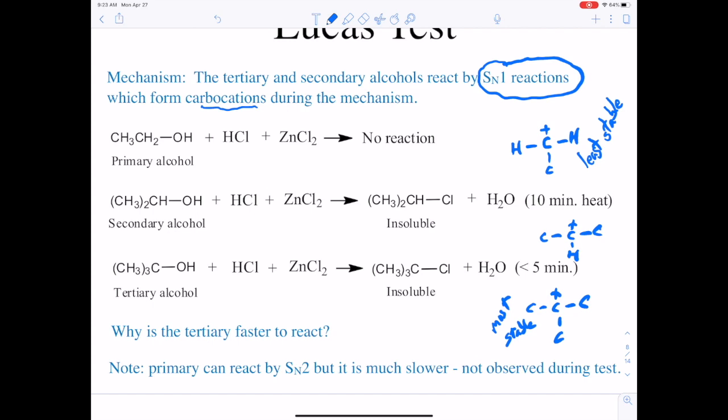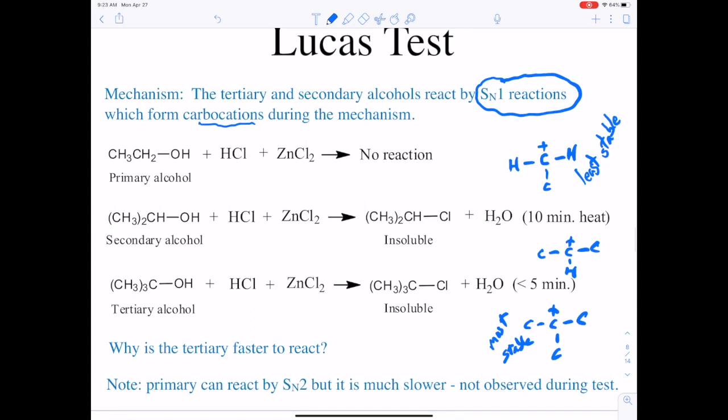And in the time frame of the Lucas test, we observe no reaction. This can also occur by an SN2 reaction, but it's much slower, so you have to let it sit a much longer time. And during the time frame of our test, you will not observe the primary alcohol to react.